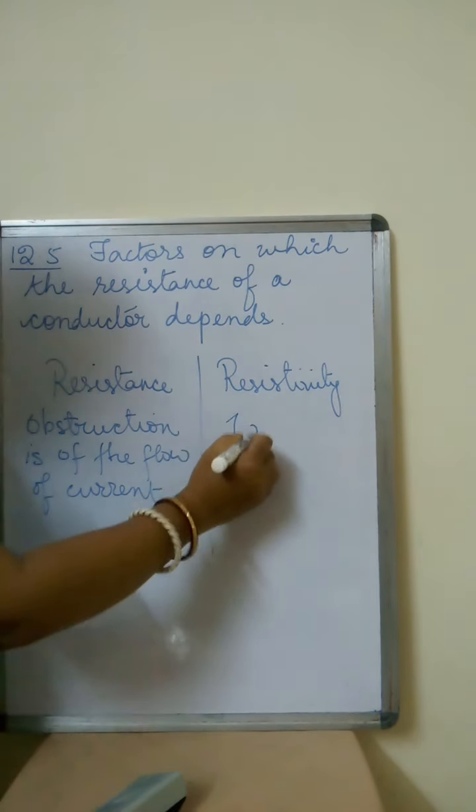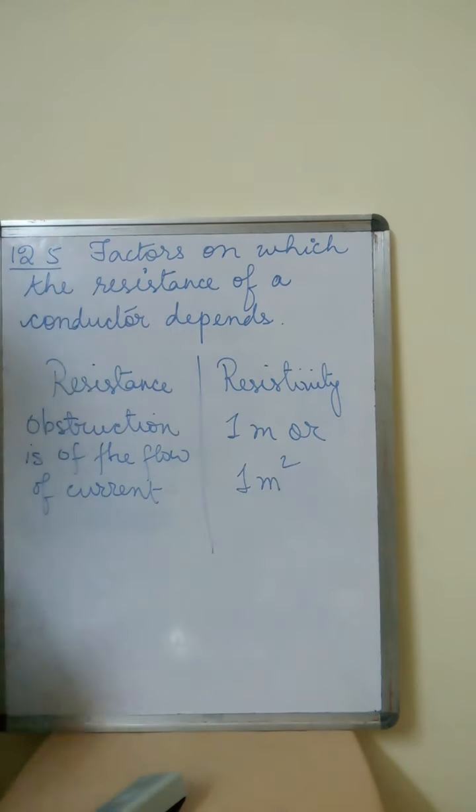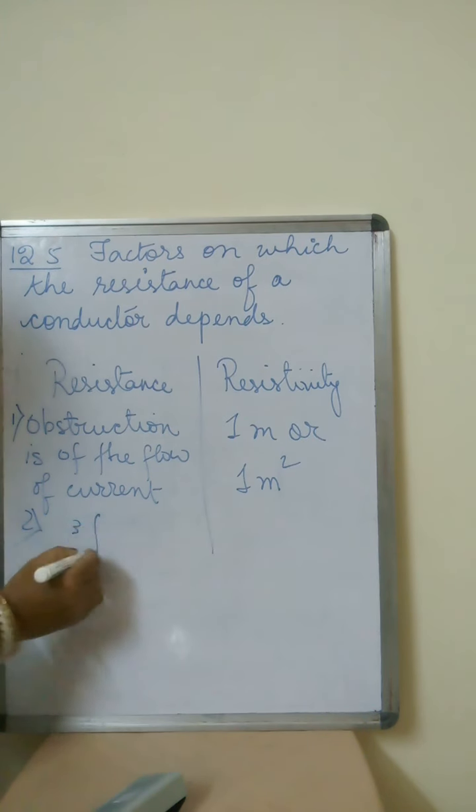Number 2 is that the resistance depends on the material, length and area of cross section of the conductor. We have studied the three factors on which the resistance depends.